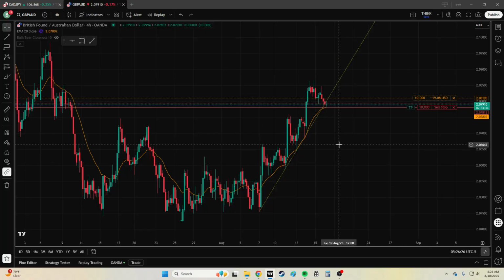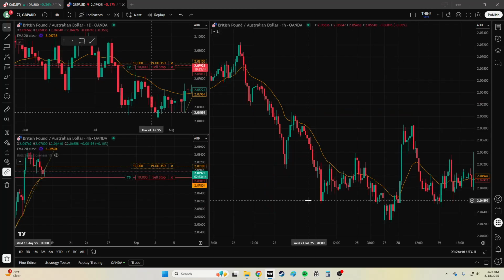I don't know. You look at that and it seems like it might bounce back up. It doesn't look like it's that strongly bearish, but I don't know. I like the way the daily looks specifically, which is kind of interesting.